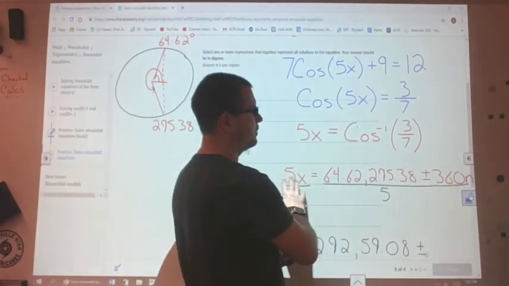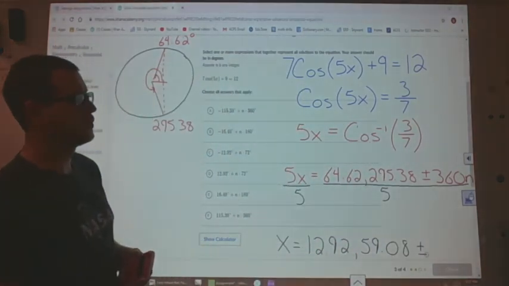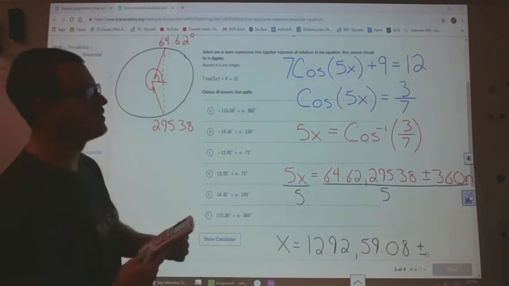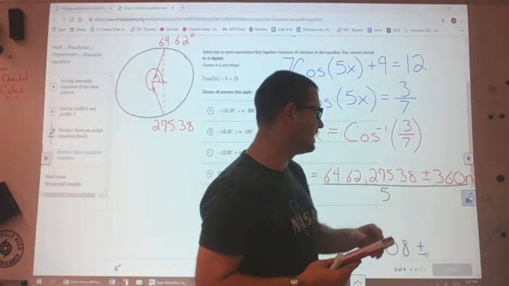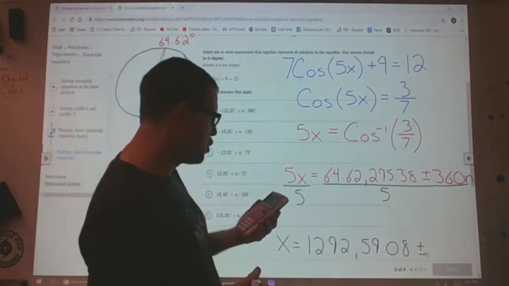Because it's division, we're not adding or subtracting something to the angles. We're dividing them into fifths. The period also gets divided. So 360 divided by 5 is 72.